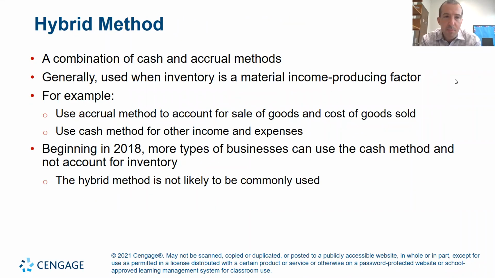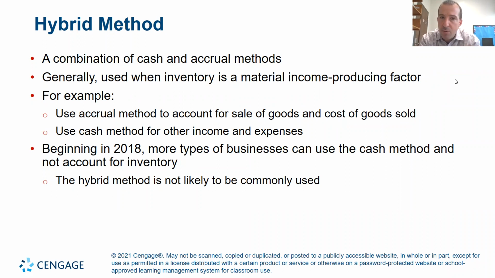And then we have a hybrid model, which is a combination of cash and accrual, generally used when inventory is material. So again, material based. For example, you might use the accrual method to account for sales of goods and cost of goods sold, and then maybe the cash method for others. So maybe you're a company where 60% of your sales are inventory related, product related.